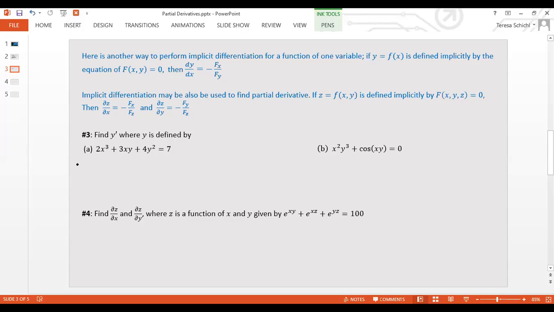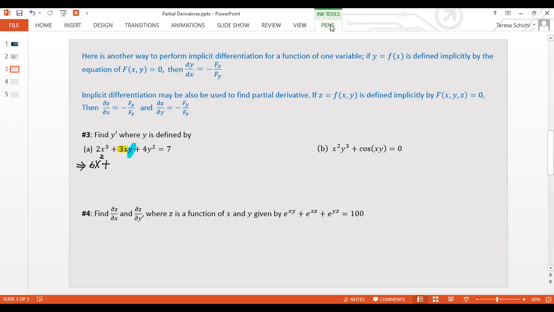For these problems here, I'm going to show you what I mean with this formula. But let's use part A as a review of what we did in calculus 1, right? So in calculus 1, we say, okay, how do I find the implicit differentiation? I take the derivative here. So this is 6x squared, then plus. Okay, so here you say, I have 3x, and also I have y, right?